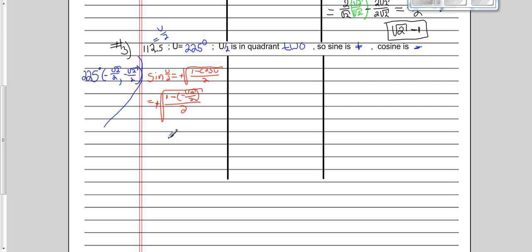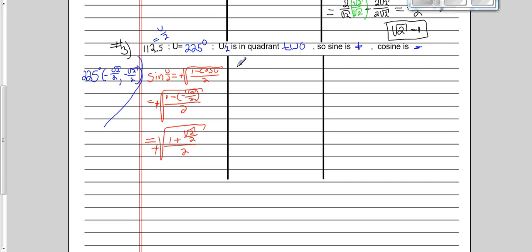The plus out in front. Okay, once again, the only thing I can really do here is I can make this a plus in the middle. That's about the only kind of simplifying I can do here. So I got 1 plus square root of 2 over 2 all over 2 square rooted. And it's a plus.